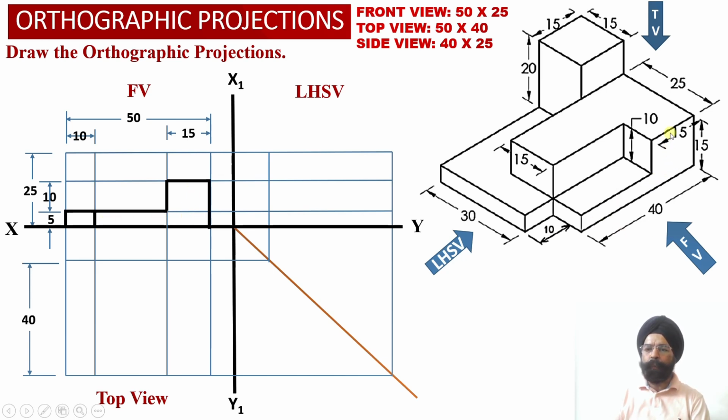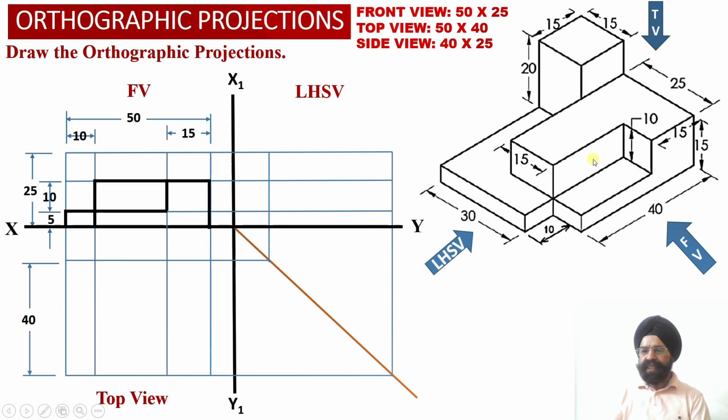Now, corresponding to element number 2, this is the rectangular surface which is once again parallel to the vertical plane. So this element number 2 vertical surface will be projected as a true shape projection into the front view projections over here.